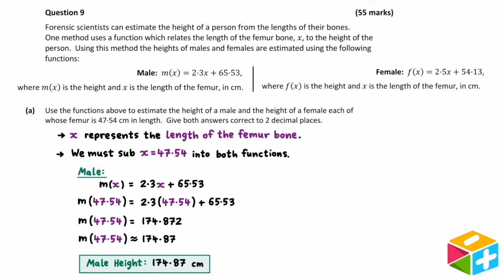Rounded to 2 decimal places, our estimate for the height of the male is 174.87 centimeters. Now, let's sub in x is equal to 47.54 into f of x, the function for the height of a female.